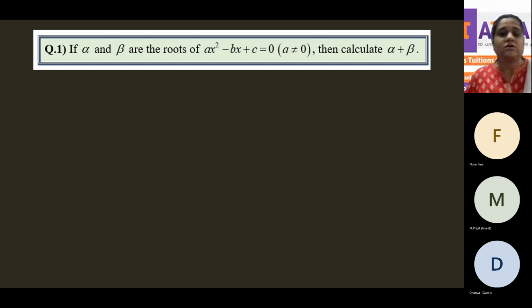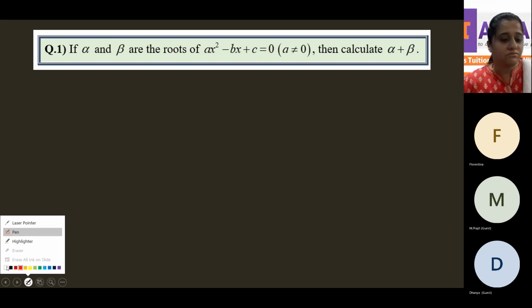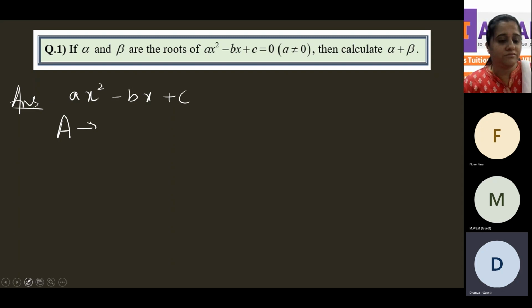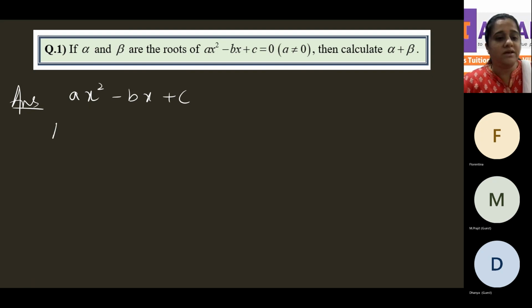What's the answer for the first one? What's the value of alpha plus beta? So ax square minus bx plus c. Okay, we need to find the value of alpha plus beta. What are the values of a, b, c here? What is a here? A. What is B?